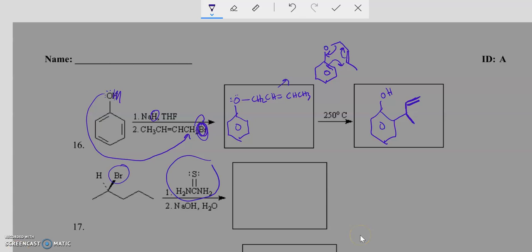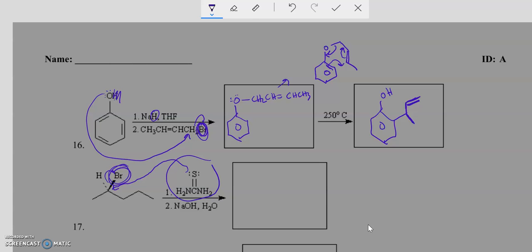So in this reaction, we have bromine here, alkyl halide, and then we have a thiourea, right? So once you have a thiourea, you think that this is going to be a formation of alkyl thiols, okay? So this sulfur is going to react with the carbon right there, and then this bromine is going to leave. Then once you have this intermediate, it's going to react with the base, and you're going to form a thiol.